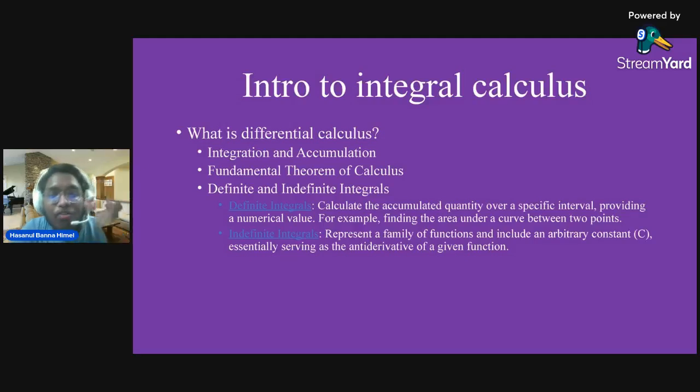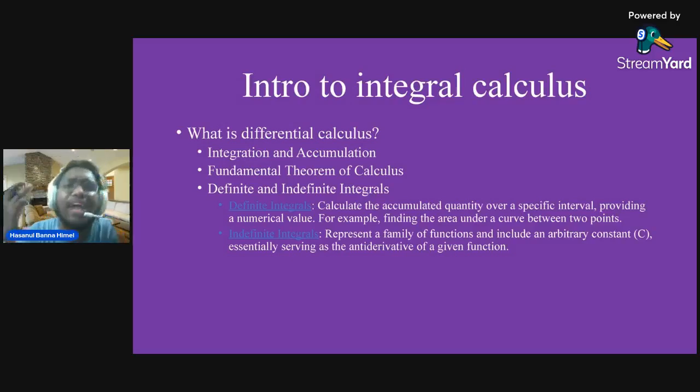The primary concept here is the integral or integration, which represents the accumulation of quantities such as areas under curves, total distance traveled given a speed function, or the accumulated growth of an investment.